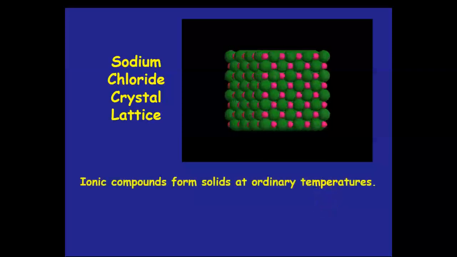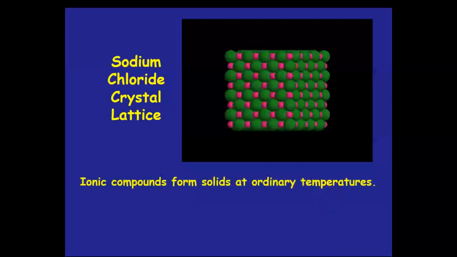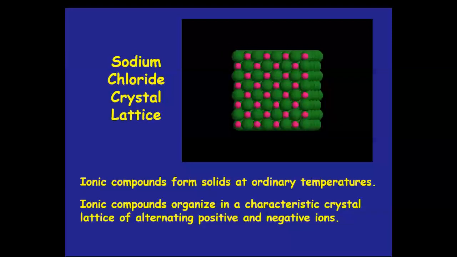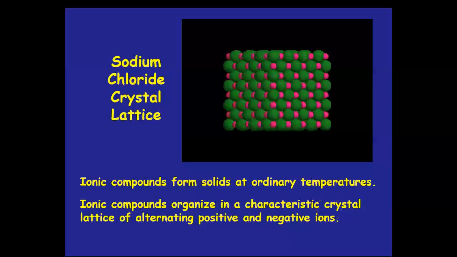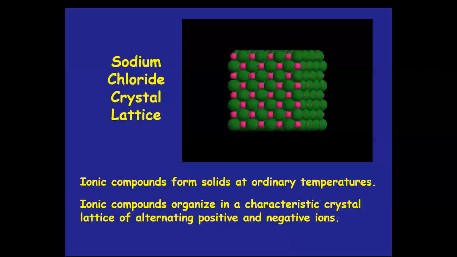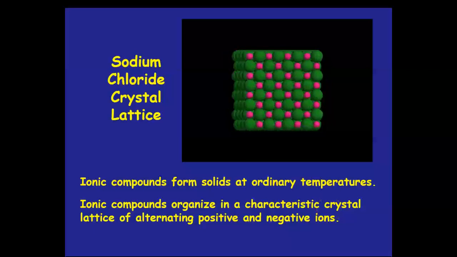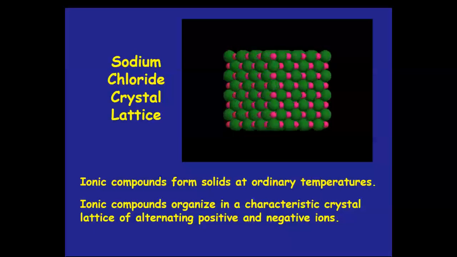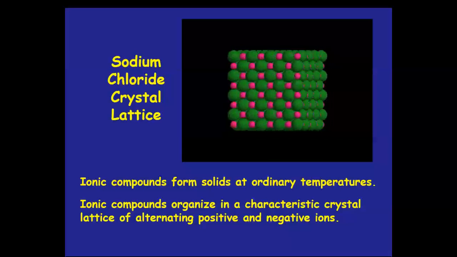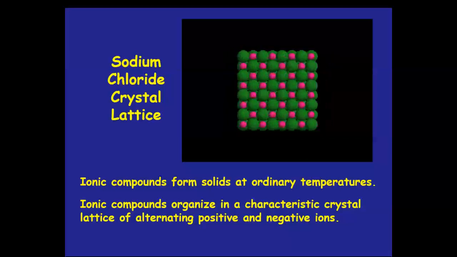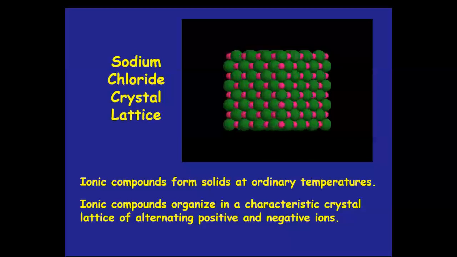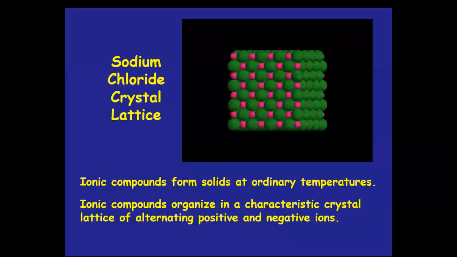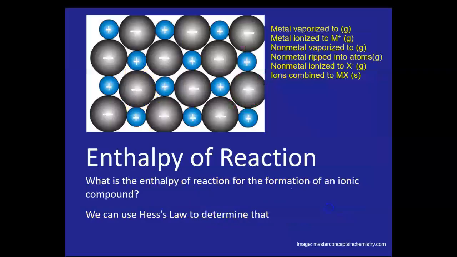Now, ionic compounds will form solids at room temperature, and they organize in a characteristic crystal lattice of alternating positive and negative ions, and the configuration of the crystal is going to depend on the relative size of the ions. In this case, the sodium ions neatly fit between the chloride ions.